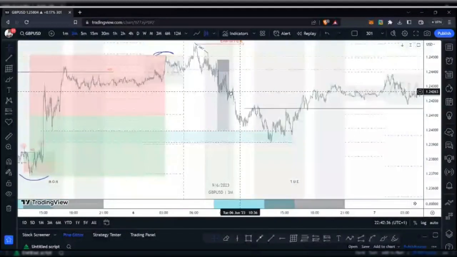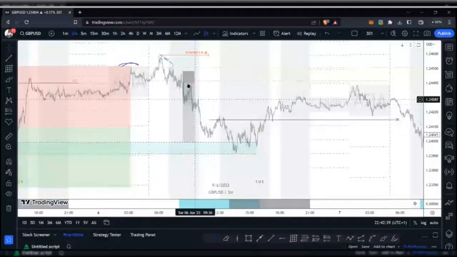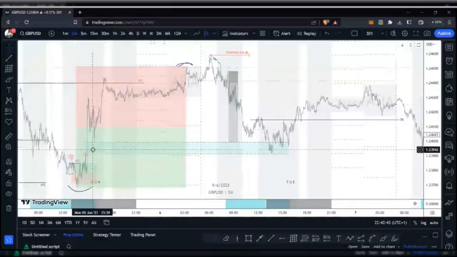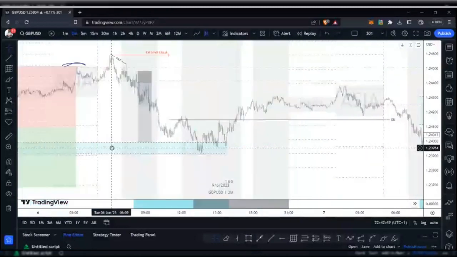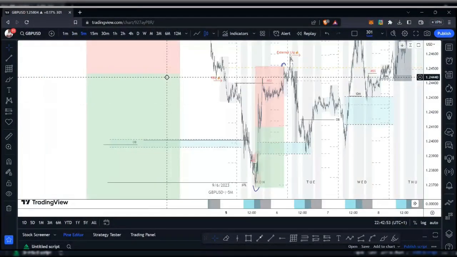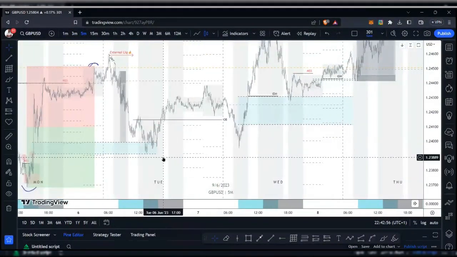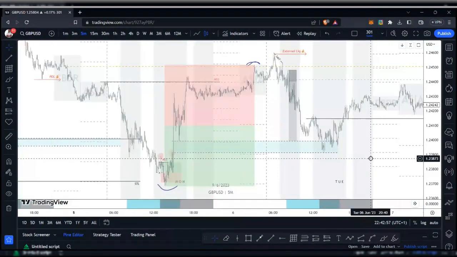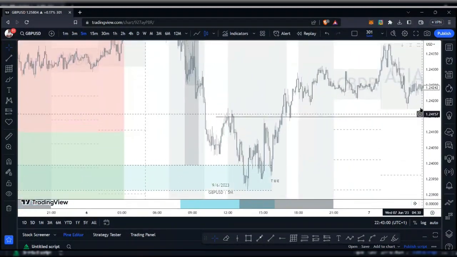So now, London came in, we had all of that in London, and then New York, price delivered back into that imbalance at internal liquidity. Magnify this. Let's go back to our 5 minutes on Tuesday. Magnify this.